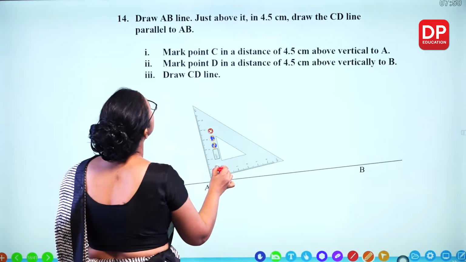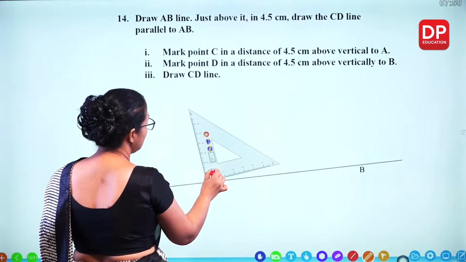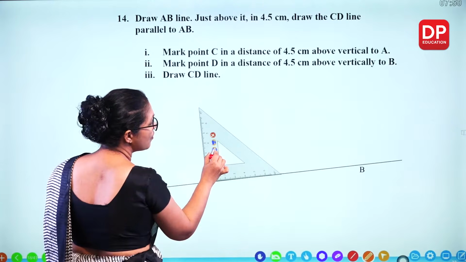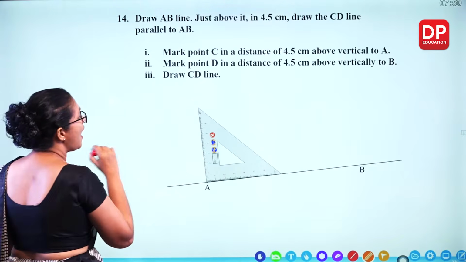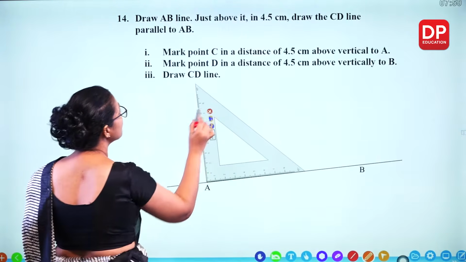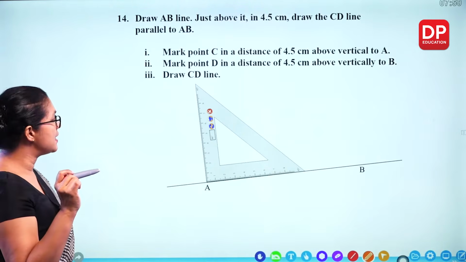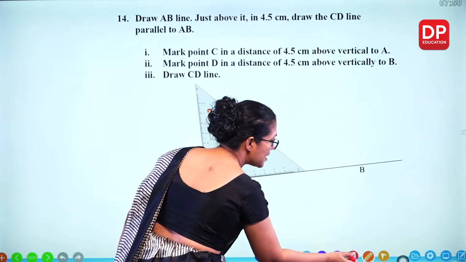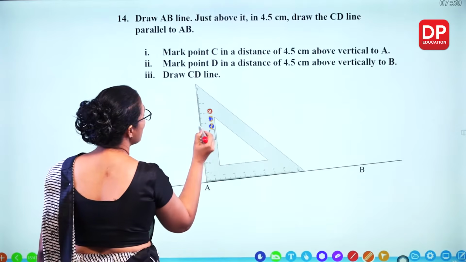So we'll take the straight edge, keep on top of this AB line, and then you need to measure 4.5 centimeters. So 4.5 centimeters is, 4.5 is somewhere here.